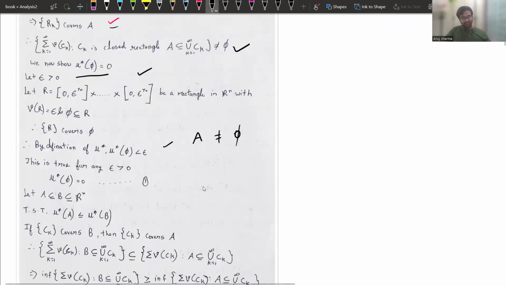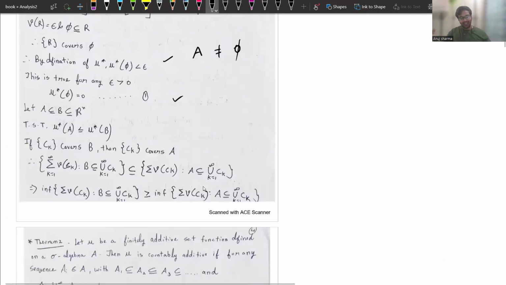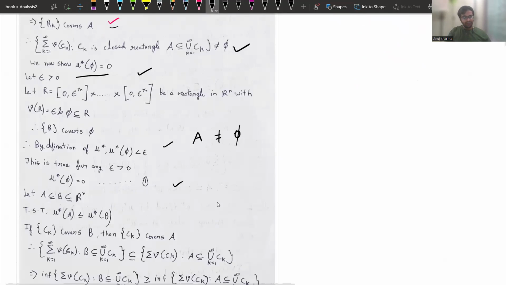So now let's go for the null set, and let's prove that its measure is equal to zero. The measure of nothing is always zero. So if it is covering this, R covers the null set as well.